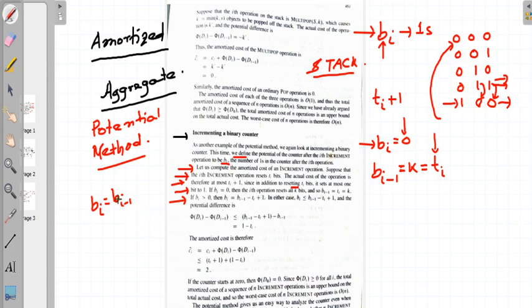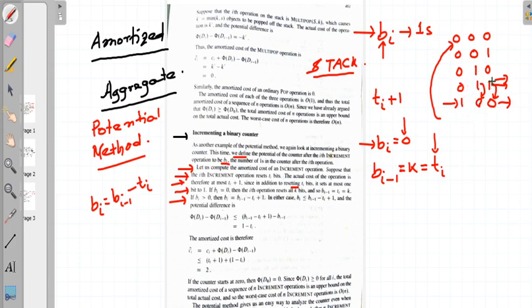So now this b_{i-1} was what? 2, right? So this b_i will be what? b_{i-1}, what was before, and then how many bits I reset, that is this t_i. t_i number of bits will be reset in this increment operation.